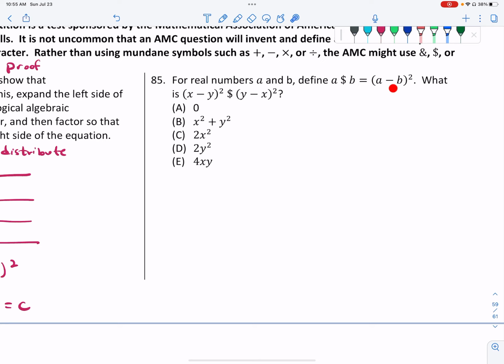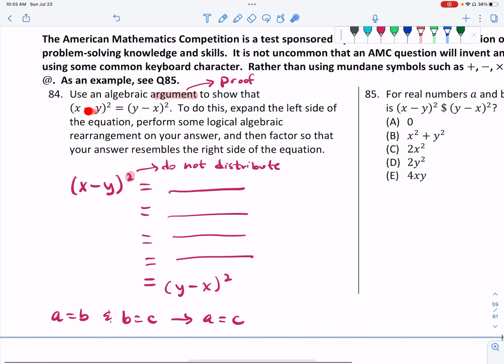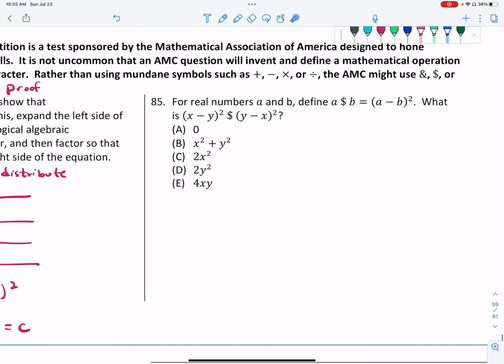Well, this sort of looks like what we were just talking about right over here. Okay, what is the quantity x minus y squared $ the quantity y minus x squared? Whoa. All right, so in order to answer this question, what I would suggest doing is just playing around with some numbers so you can understand what this $ operation means. So for example, let's say that I have 5 $ 3.